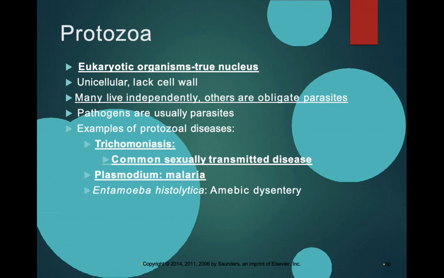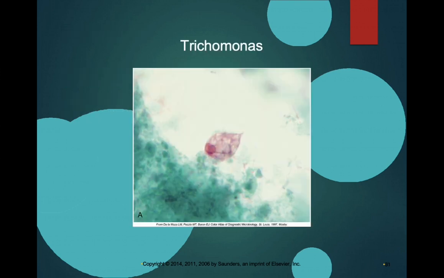Another example of a protozoal disease is Plasmodium, which is a causative agent of malaria. And then Entamoeba histolytica, causing amoebic dysentery. Here's a picture of the Trichomonas.